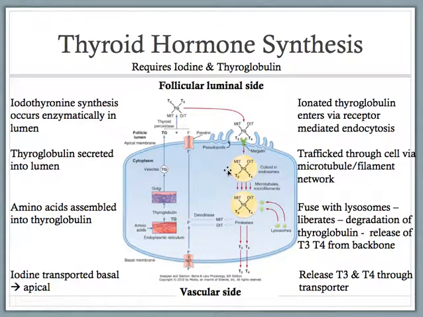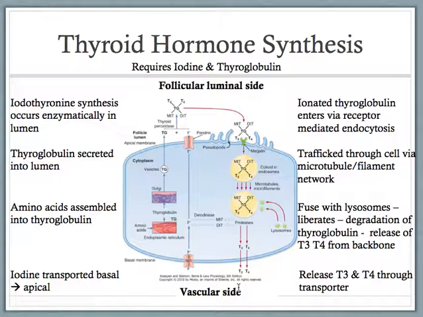So iodine in, we make our thyroglobulin with our cell pieces. All this structure is stored in the colloid. Then it's trafficked back in when needed through the megalin receptor. Lysosomes come and digest the pieces that we don't need, and T3 and T4 then are released into the bloodstream through the vascular side.